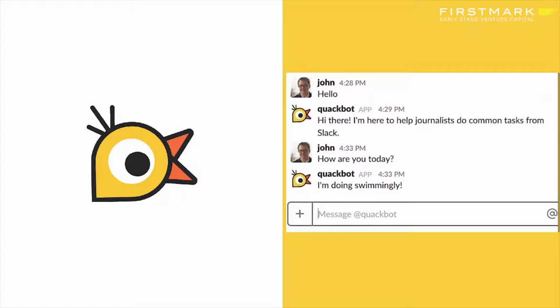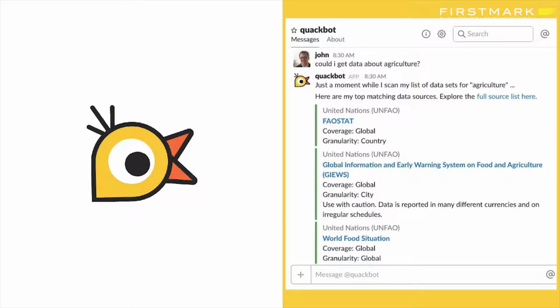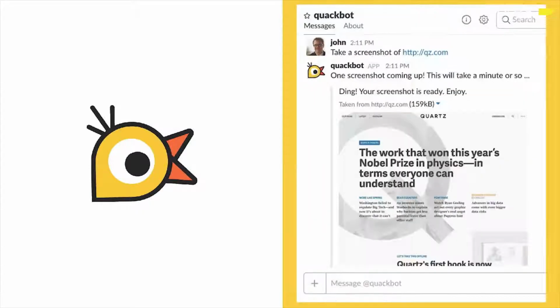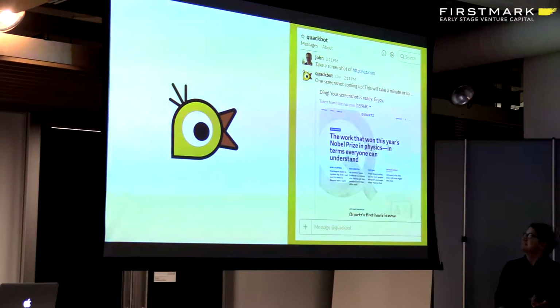It also has natural language processing in it, so you can say, how are you today? But it goes out and it can get data, it can grab screenshots, it can do a lot of the things that journalists do. It's this very sort of industry-specific Slack bot.